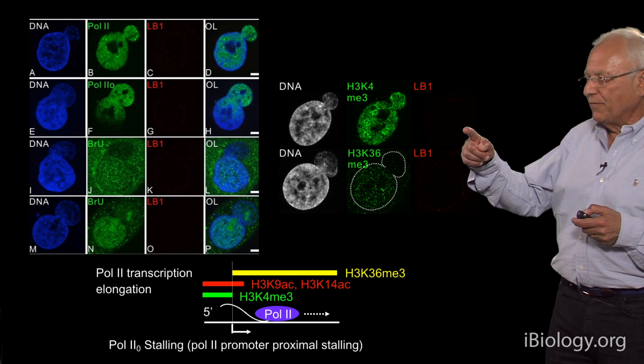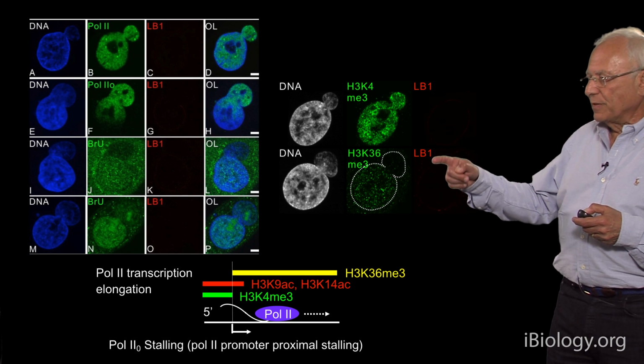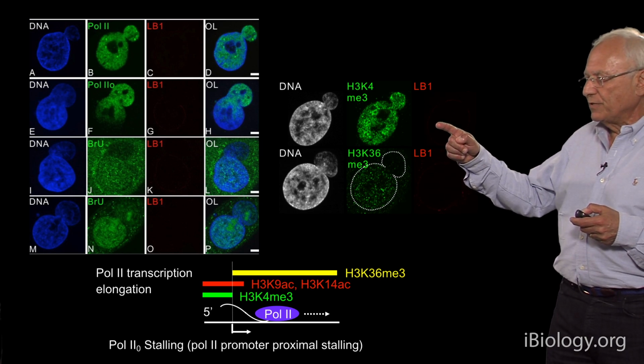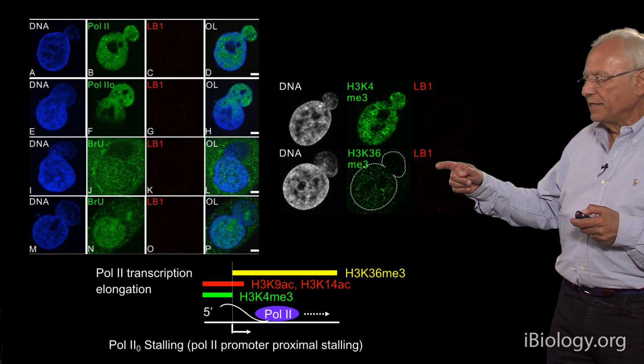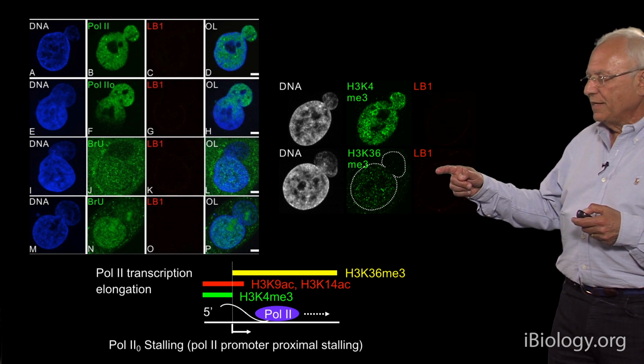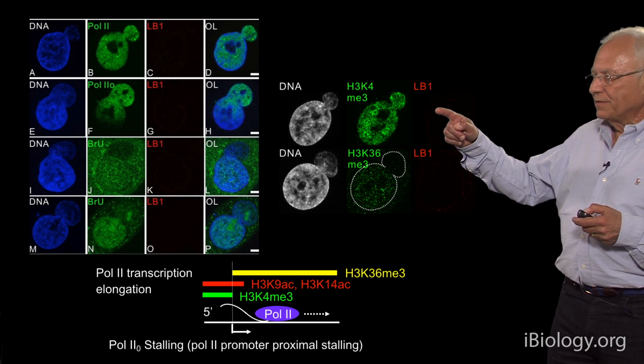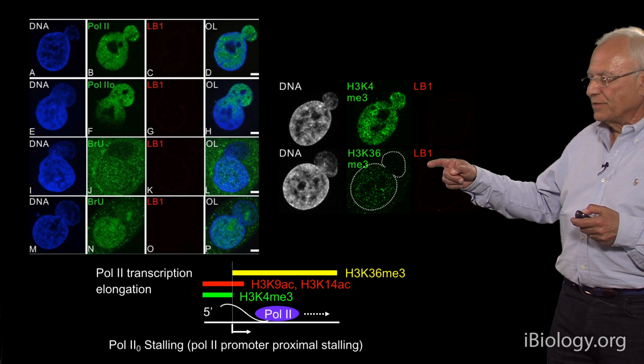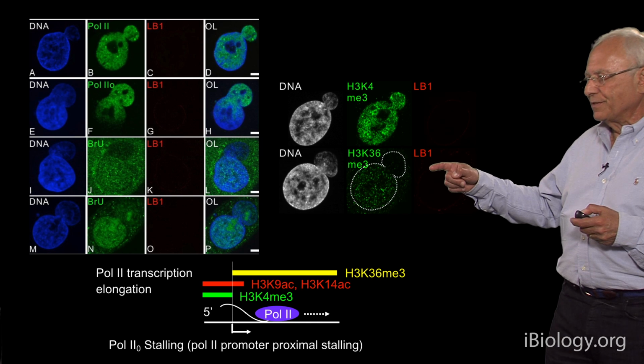And then we looked at a couple of other marks for transcription by Pol II, and that's H3K4me3 and H3K36me3, and we found that K4me3 is present in the bleb, but K36me3 seems to be absent in the bleb.